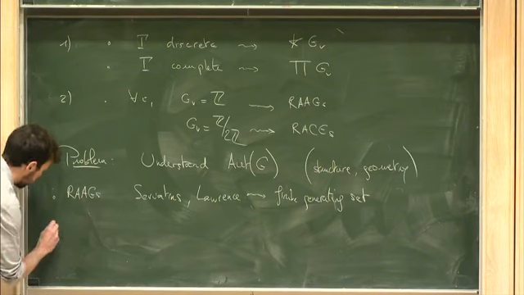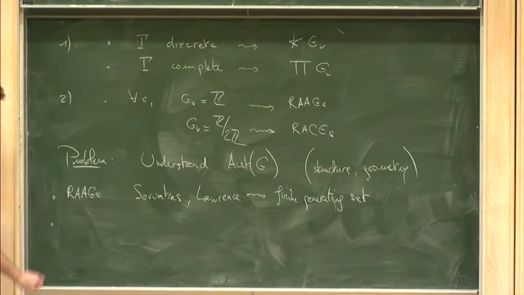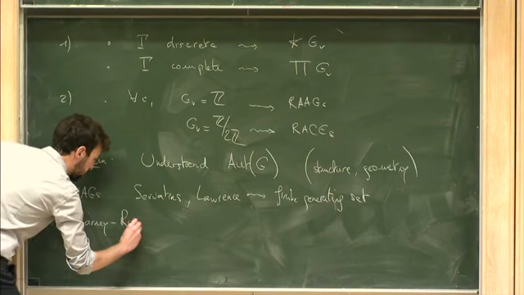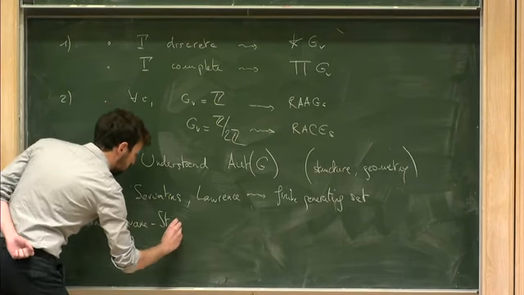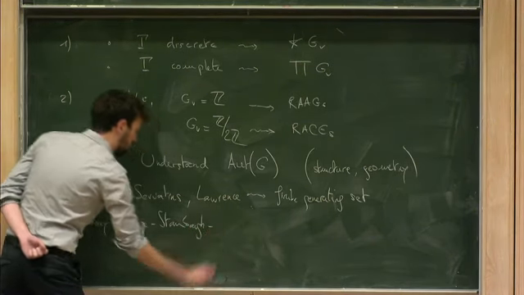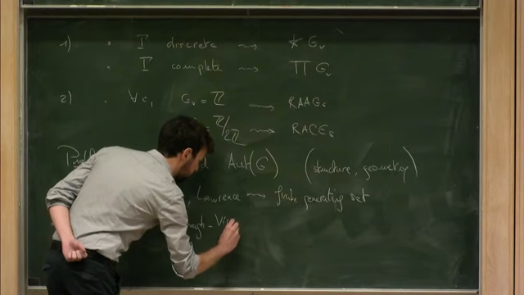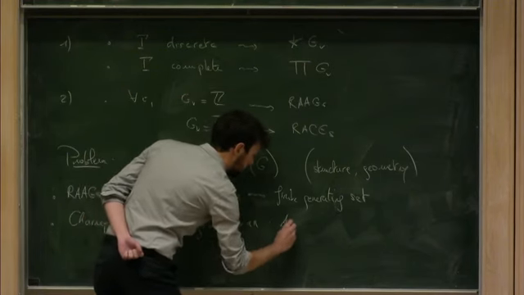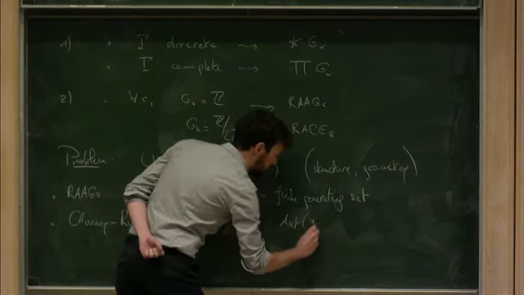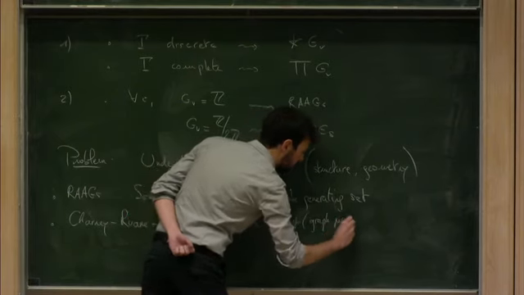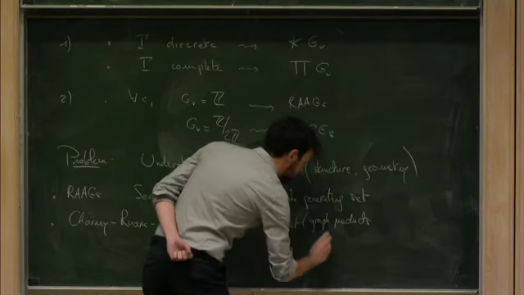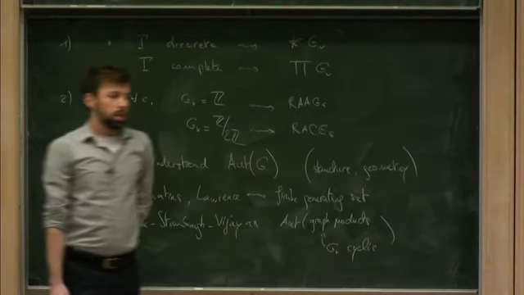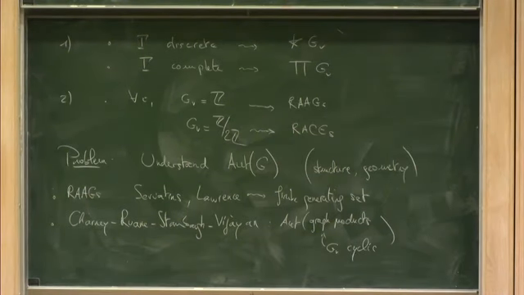Maybe some other result, which is due to Charney, Stambaugh, and Vijayan, who studied the automorphism groups of graph products where the GV are cyclic, can be Z, Z mod 2Z, or other ones.